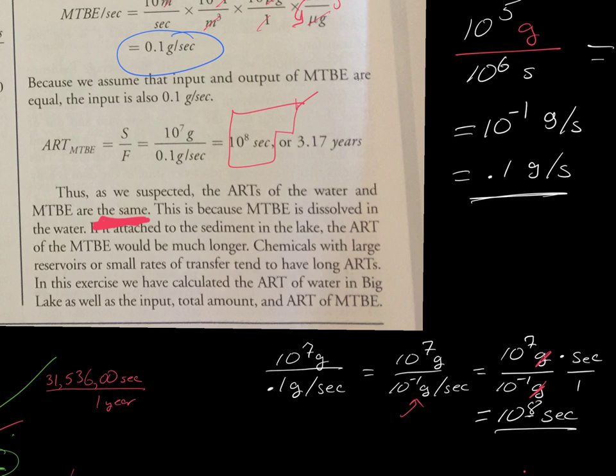We have 10 to the 8th seconds, and if we want to convert that to years, we take 10 to the 8th seconds and multiply that times 1 year. How many seconds in a year? We have 31,536,000 seconds, and seconds cancel out.